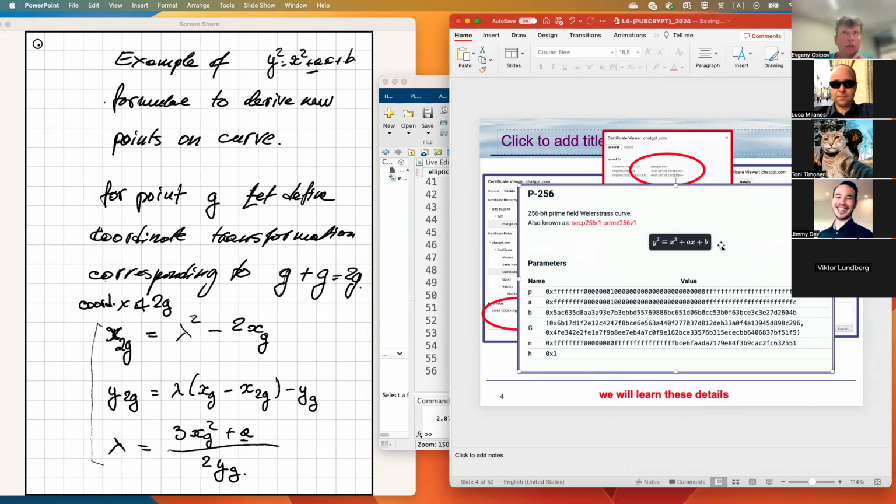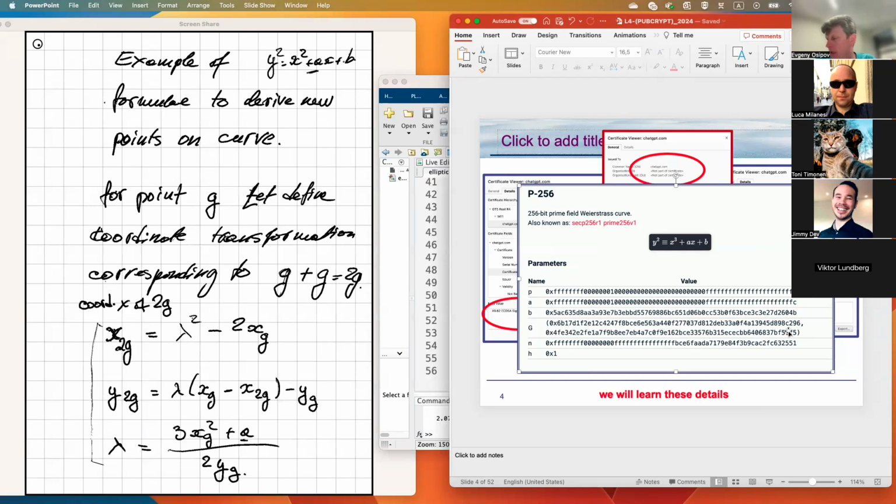That will be part of your specification of the algorithm. You will be given an equation and numbers for A, for B, for the range P of your field, and you will be given coordinates for the point G. It's a huge number, in hexadecimal format, for the X coordinate, comma, Y coordinate.